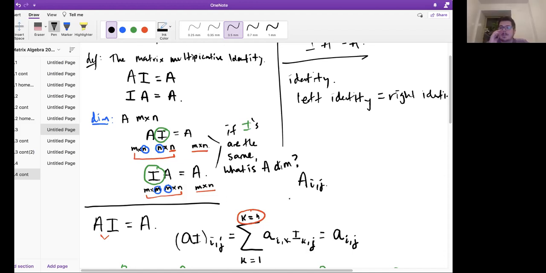Can someone say? If I want to force the dimension of I to be the same, by consequence, what must the dimension of A be? If I want to multiply the same thing on the right as on the left, then yes, it must be square.